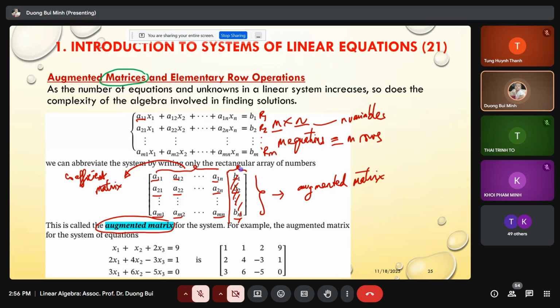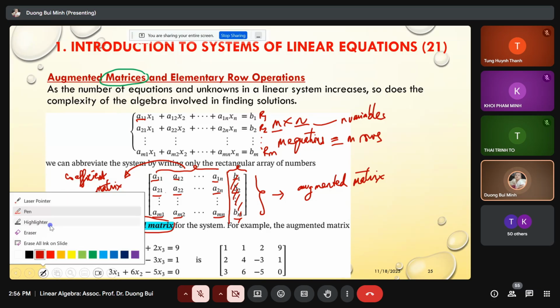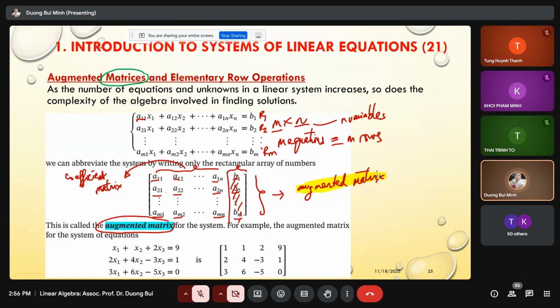Why? Because we just focus on all coefficients for all equations. We skip the constant terms, right? Anyway, if I mention the augmented matrix, that means we also consider constant terms. If I only focus on the coefficient matrix, you can skip the constant terms.